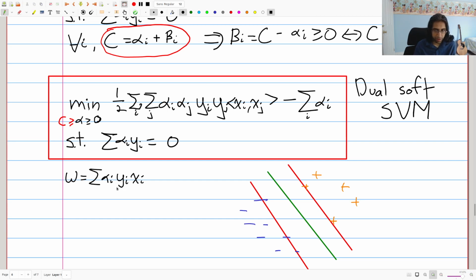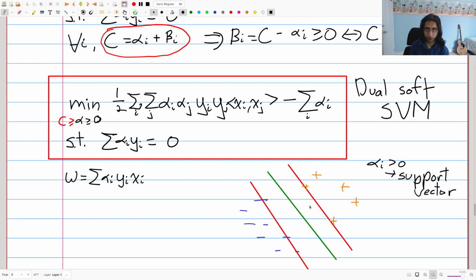The things over here across this margin are going to have alpha i equal to 0 every time, so they're not going to factor into the summation. But things on this margin may or may not have alpha i's greater than 0. And anything with a non-zero alpha i is a support vector. So let me write that here. Alpha i greater than 0 implies that xi is a support vector.